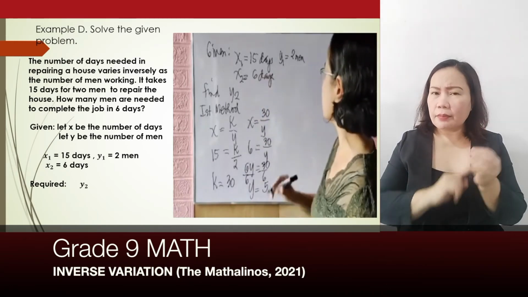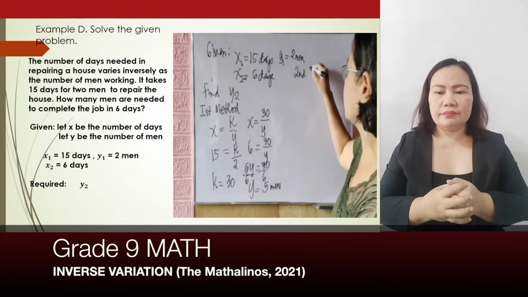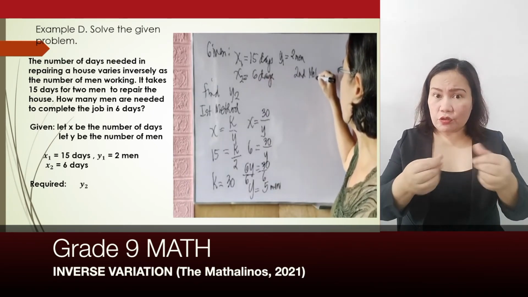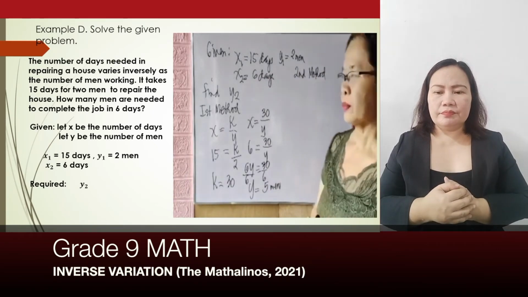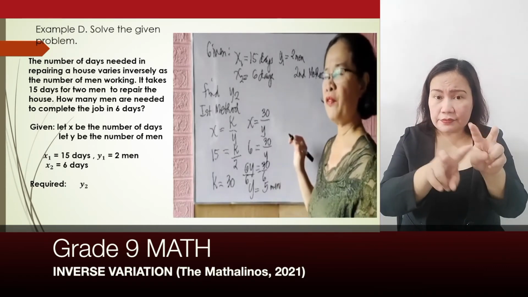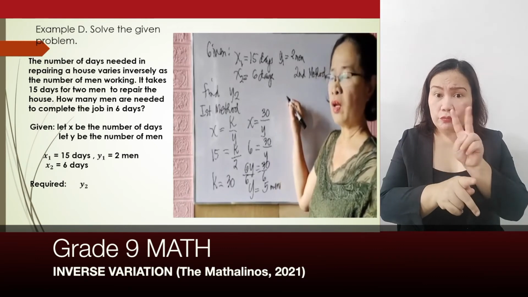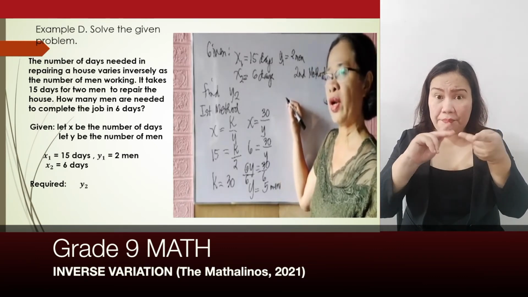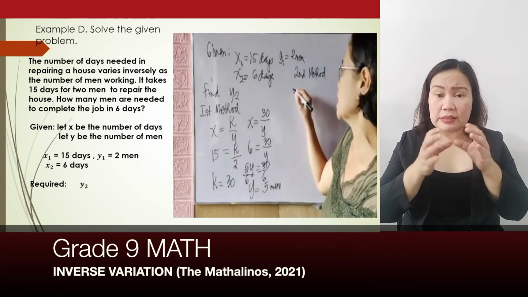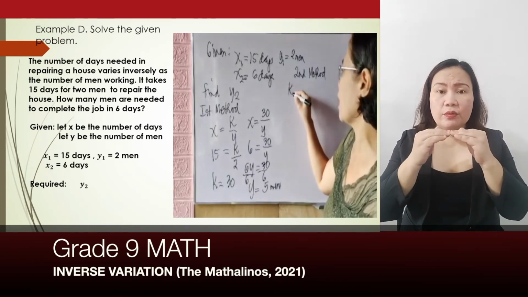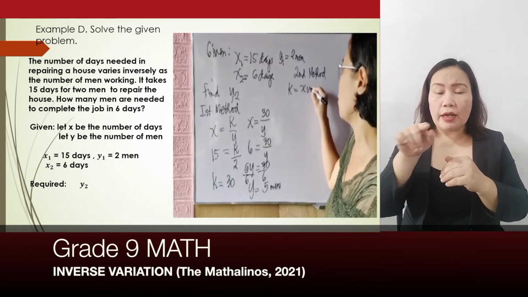Okay, what about the second method? Since in an inverse variation, the product of each pair of quantities is a constant, we have k is equal to x y.